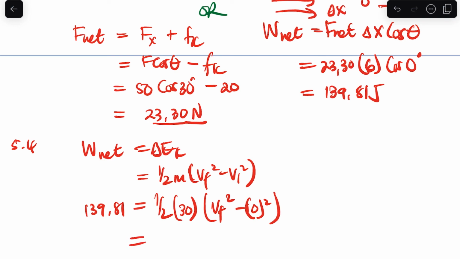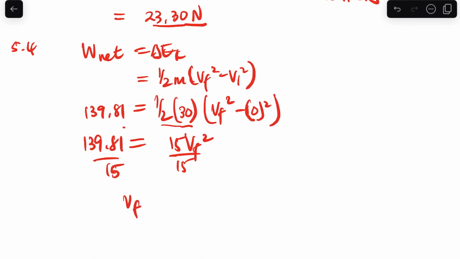So this is going to be 15 vf squared only, and then you have 139.81 there. So you divide by 15, and then you put the square root, and the final velocity has to be greater. So it's 3.05 meters per second, and that's the final velocity there.